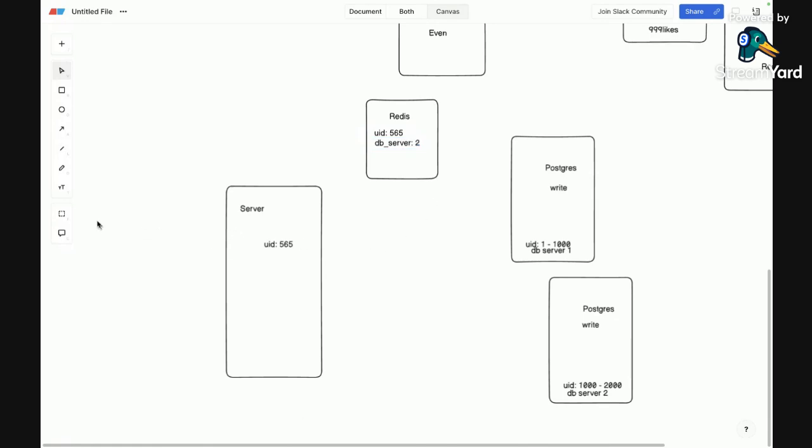So every time there's a post request that came saying that a user finished a book, it has to know the UID of the user, then it has to fetch from Redis with that, ask which server it is, then Redis will send it back, okay, done, server 2, then it will say, okay, I have to write. So then it will write to server 2.